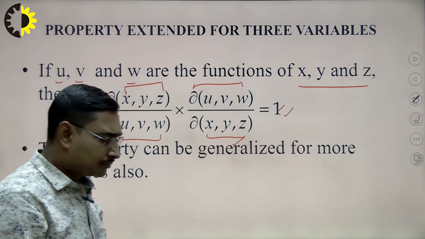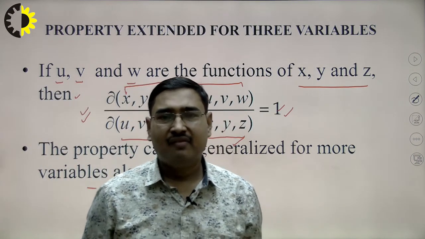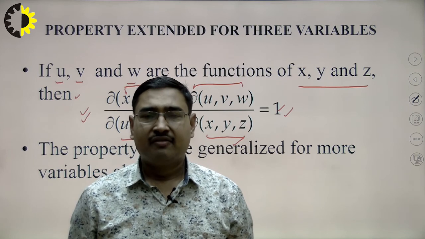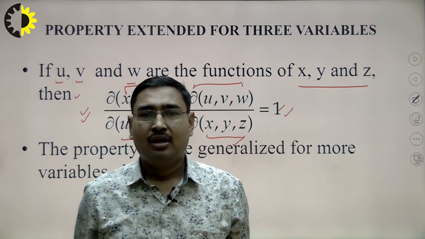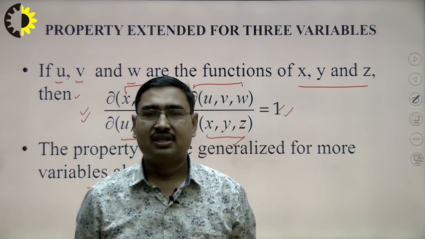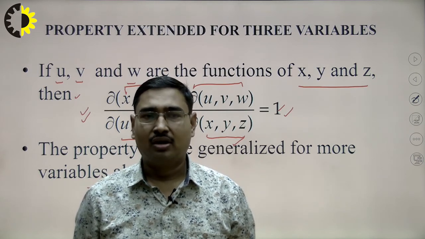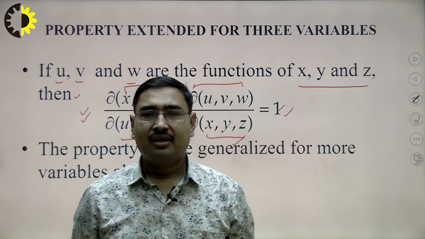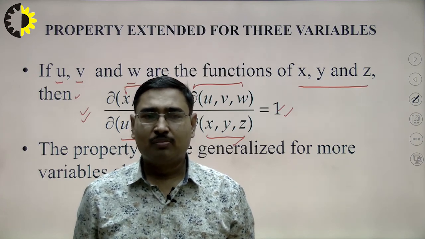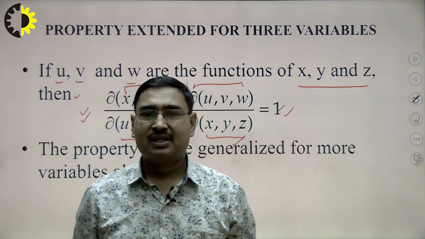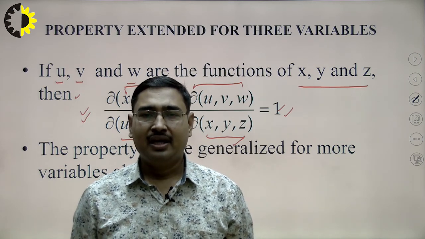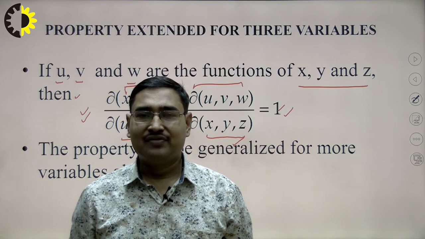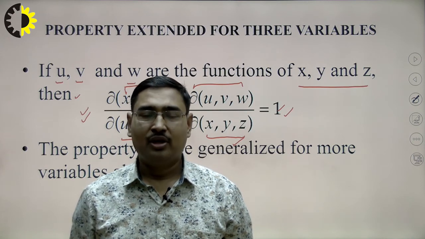Thus, in this lecture we have discussed what is functional dependence. Then we have understood an example to check whether the functions are functionally dependent or not. Then we saw that it is not always possible to express the functions explicitly in terms of independent variables, and in such a situation the properties of Jacobian come into picture.